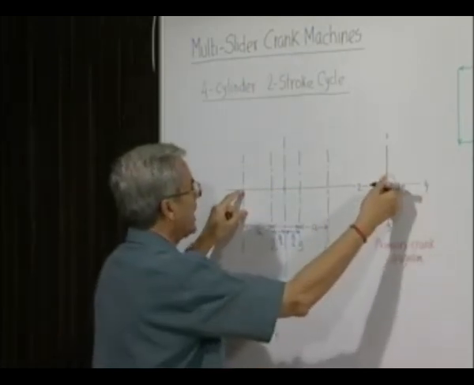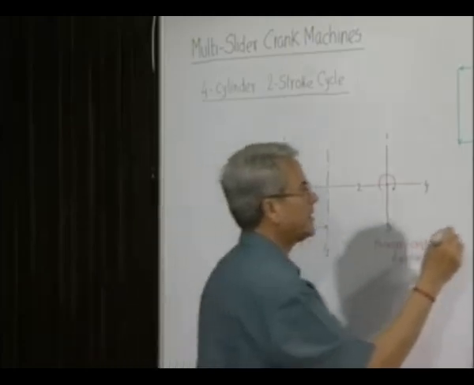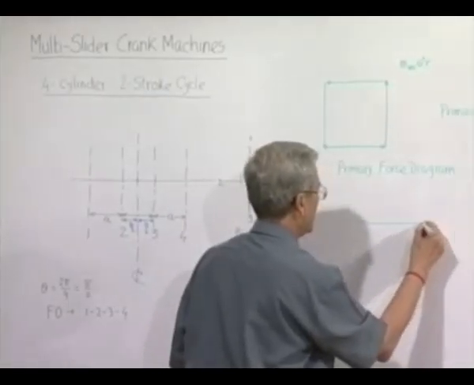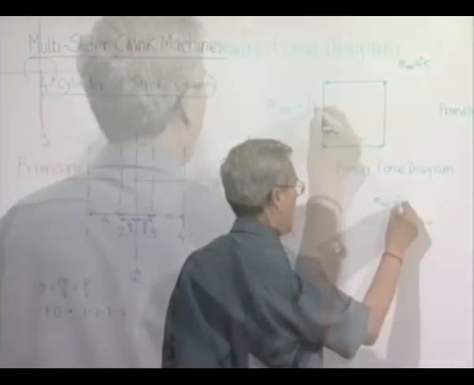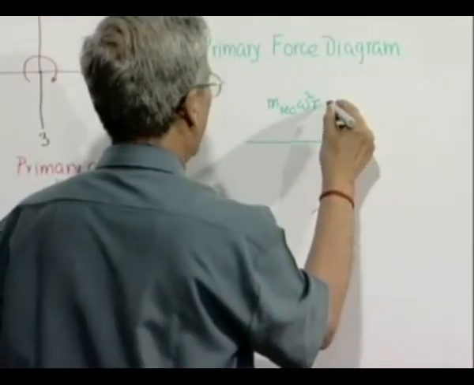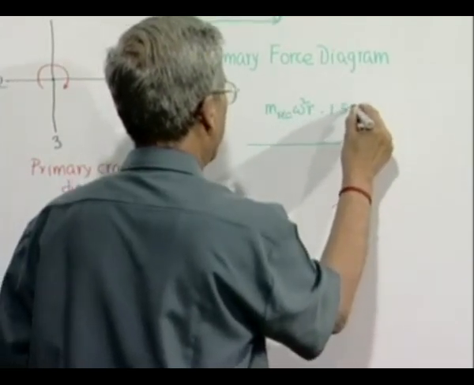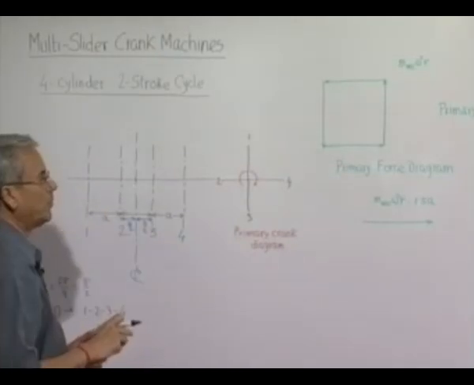When you see from this side, the moment will be like this, so it will be going in this direction, and the moment is m reciprocating omega square r into 1.5 a. The distance from this to this is a plus half a, that is 1.5 a.